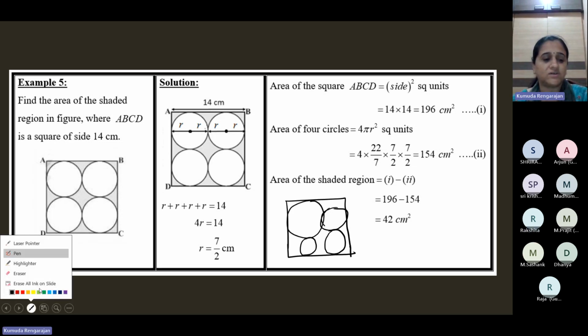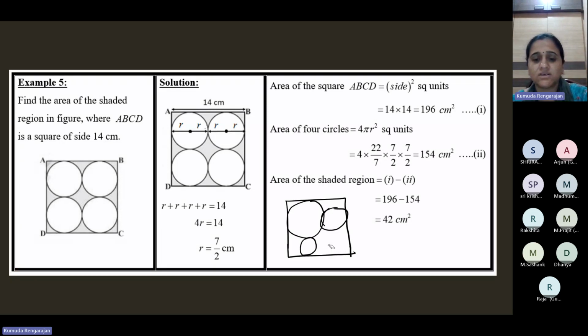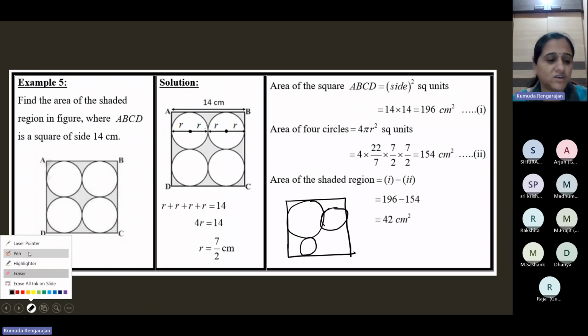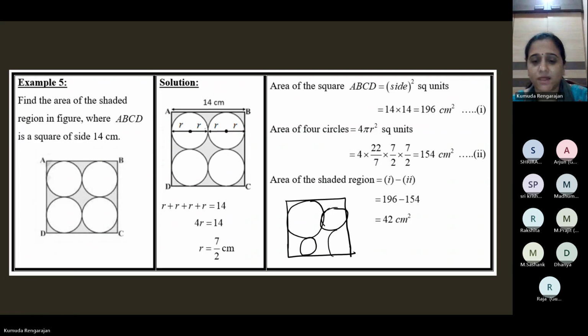See, these are touching circles. They all touch each other, and they all fit into the square perfectly. One circle touches two other circles at the same time. So this kind of an arrangement is possible only when the four circles are congruent to each other.